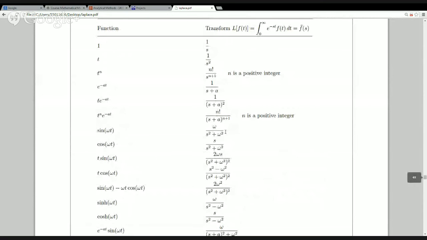Any other questions? So we could say all parts of the solution have been found.